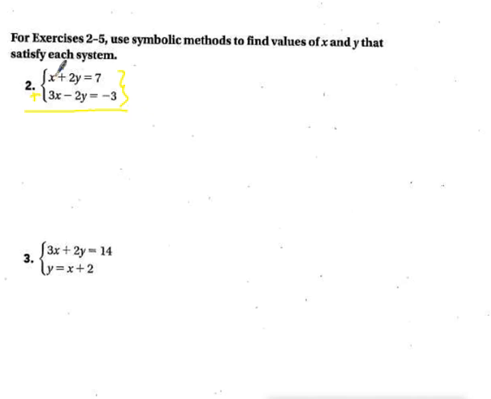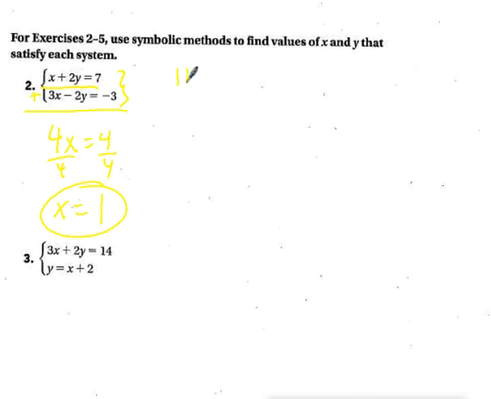So let's do that. x plus 3x is 4x. 2y plus negative 2y is 0. 7 plus negative 3 is going to be 4. Divide by 4, divide by 4, and I get x is equal to 1. But I'm not done yet. I need to know what y is. So let's plug that into one of the two equations. Let's use this first one.